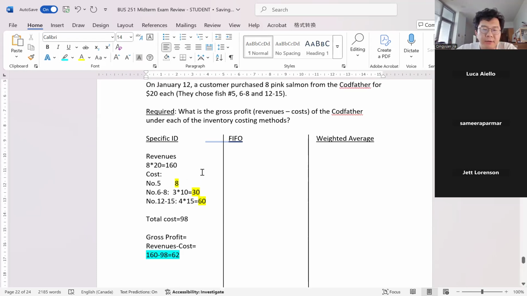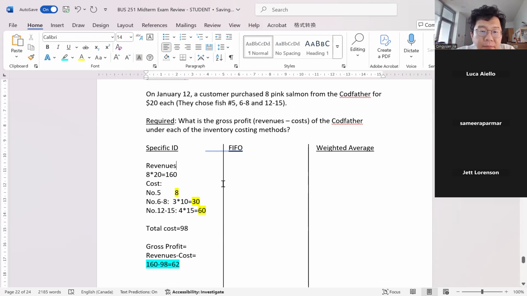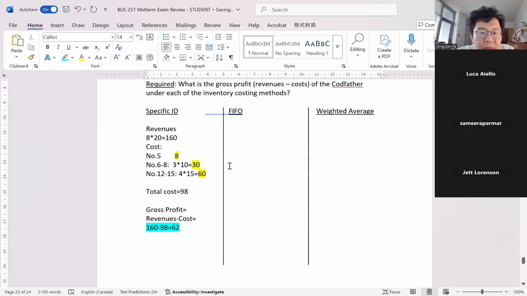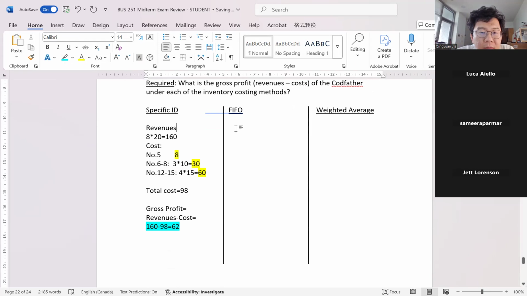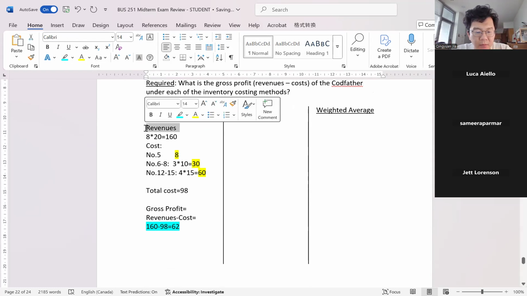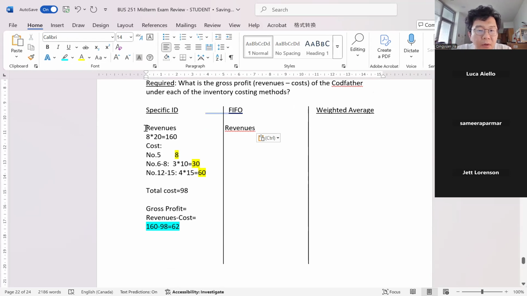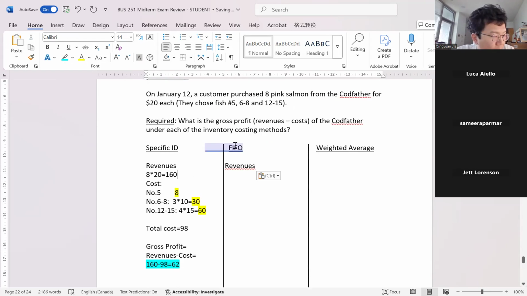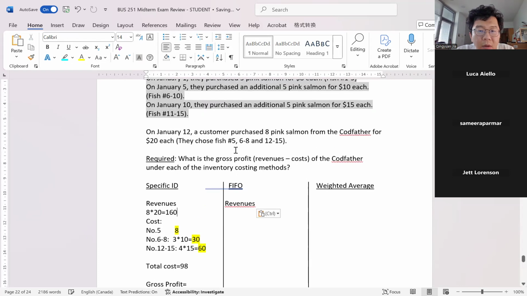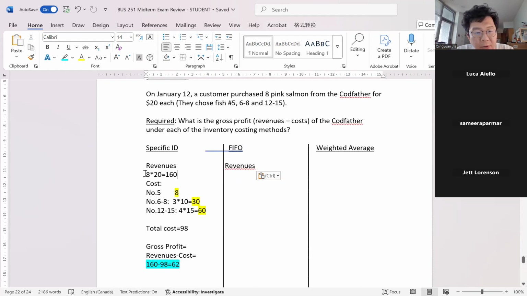Okay, let's have a look at the FIFO. Revenues. The customer purchased the 8 pink salmon, and the revenue will be the same, right? But the cost will be different.